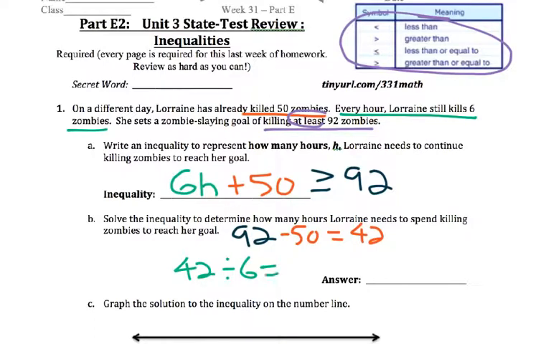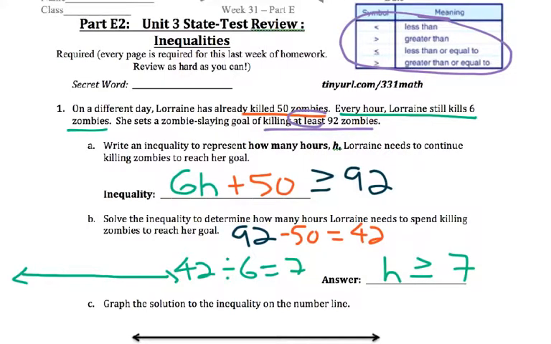So remember what we do with our answer. You don't just say h equals 7, because that would be Lorraine killing exactly 92 zombies. We say that h is anything that's greater than or equal to 7, because she'd be happy killing more than 92 zombies.